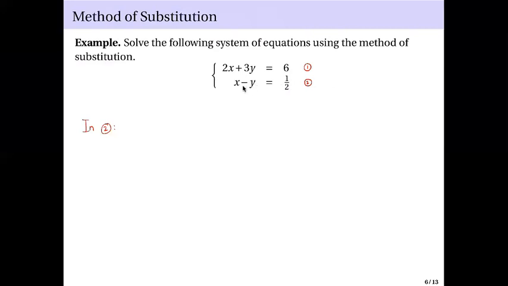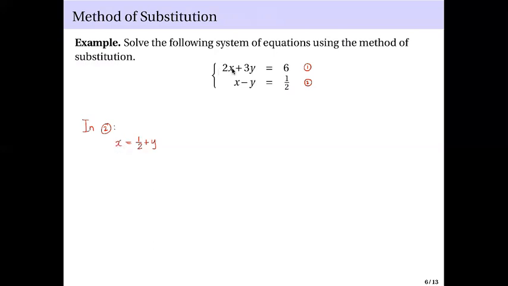So from this equation, we can write x equals 1/2 plus y. When you move this minus y from this side to that side, you get plus y. Are we good? Okay. And then we now have written x in terms of y.